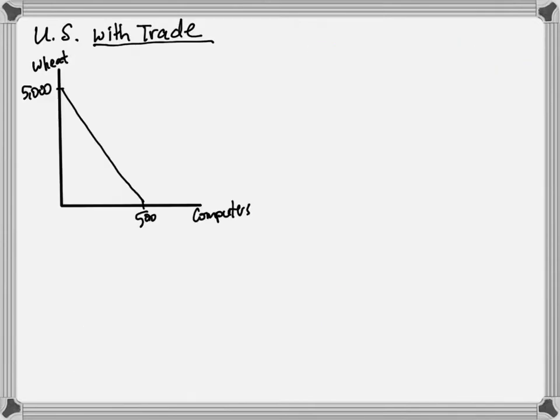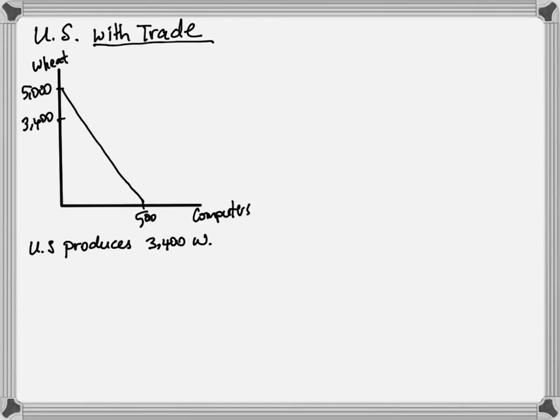Now let's assume the United States trades with Japan. And we have the initial production possibilities. That doesn't change. But what changes is the production of wheat and computers the U.S. produces after trade.